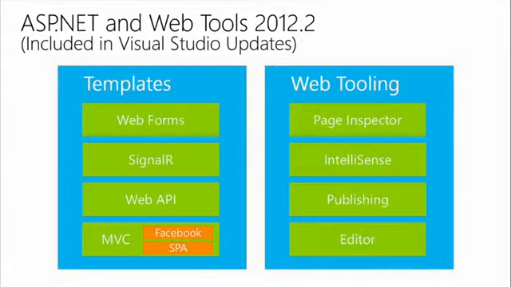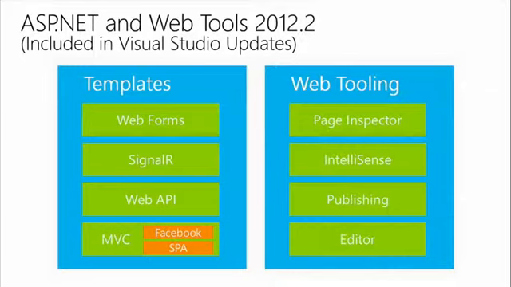The things included in there are updates for the templates. That brought in some great features to web forms, including model binding and friendly URLs. There were updates to add in SignalR support, Web API help pages, MVC added in the single page application and Facebook, and then a ton of great stuff for web tooling.